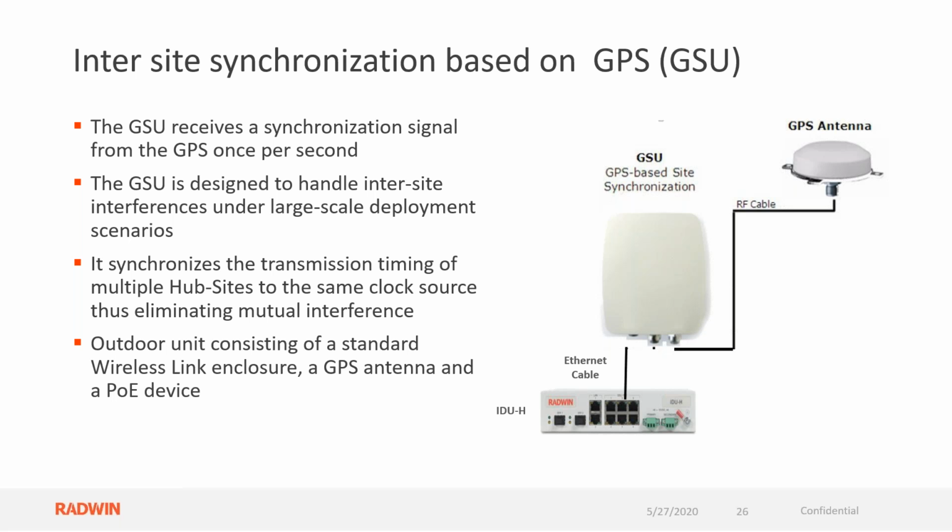The GSU receives a synchronization signal from GPS once per second. The GSU is designed to handle inter-site interference under large-scale deployment. It synchronizes the transmission timing of multiple hub sites to the same clock. It is an outdoor unit consisting of a standard wireless link enclosure, a GPS antenna, and a PoE device.